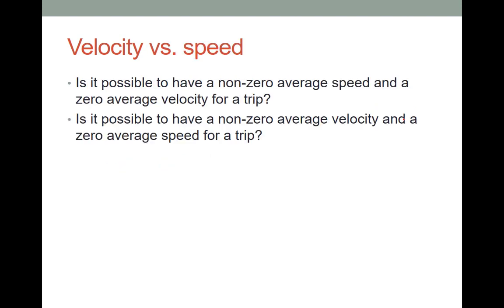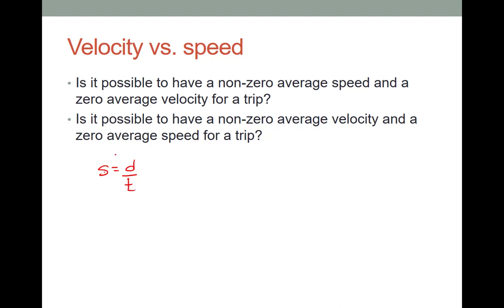So let's contrast the ideas of velocity and speed. Is it possible to have a non-zero average speed and a zero average velocity? For an average speed, speed is distance over time.